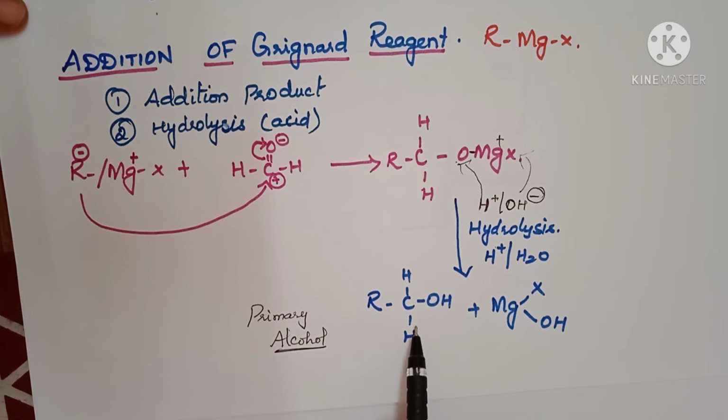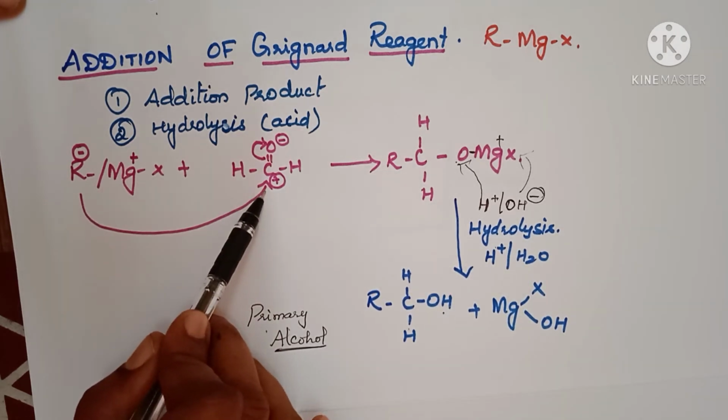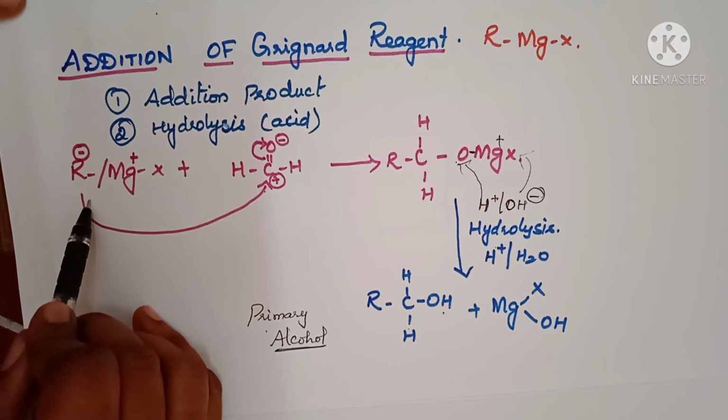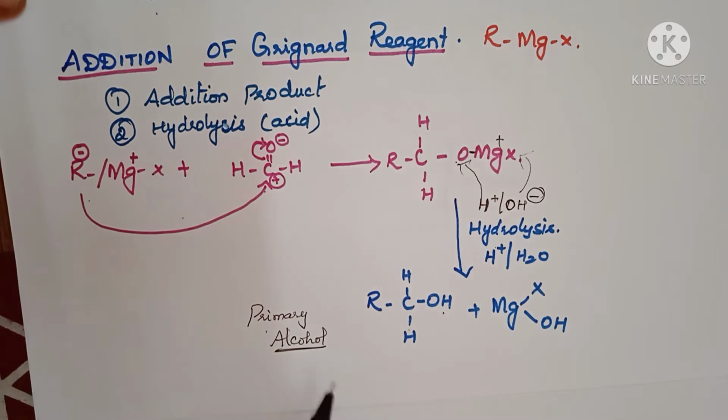We get CH2OH, which is called a primary alcohol. I have mentioned this in my video, so go through it and you will come to know. So we receive a primary alcohol from formaldehyde with the Grignard reagent.